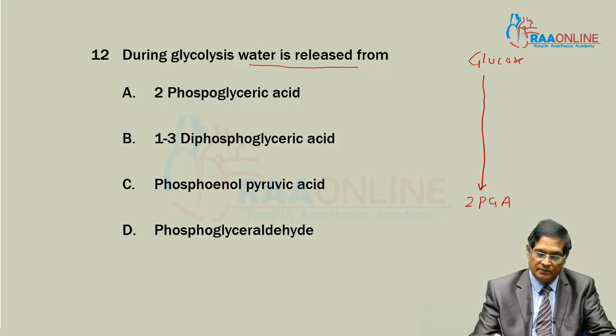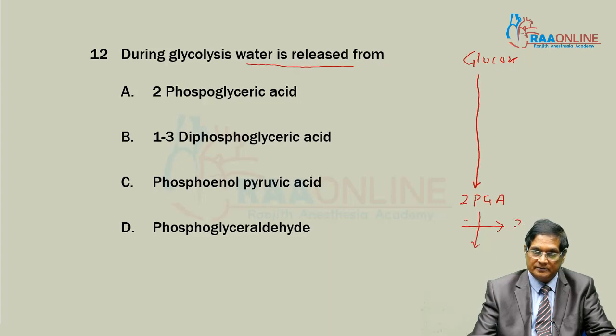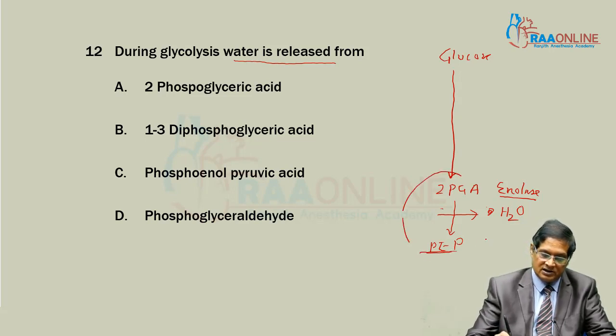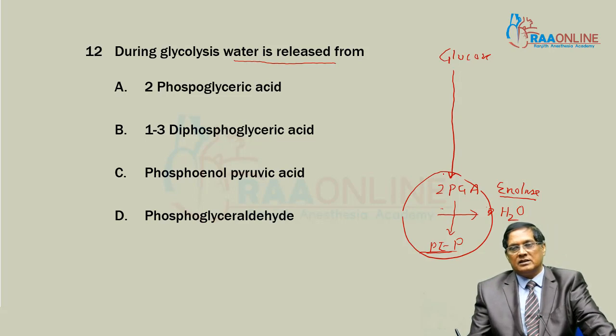This 2-PGA releases water, that is, a water molecule is released with the help of the enzyme enolase, and then PEP, phosphoenol pyruvate, is produced. This is the reaction in which there is a release of water.